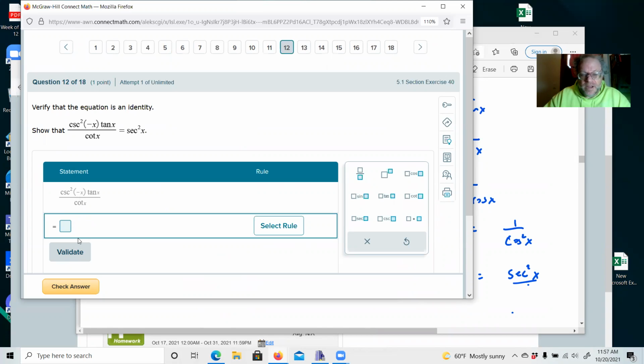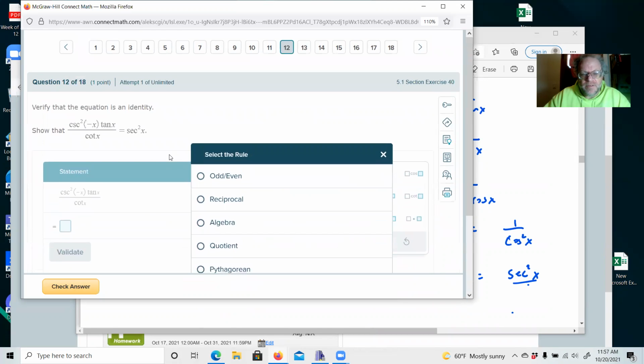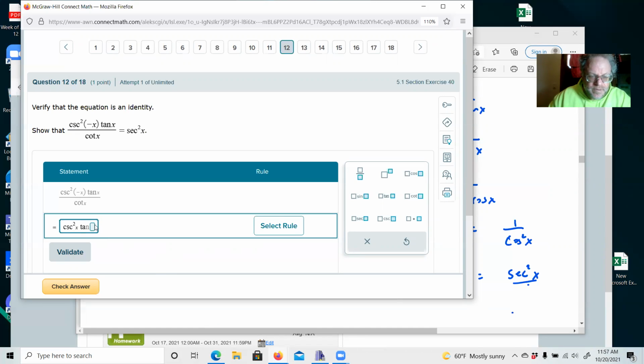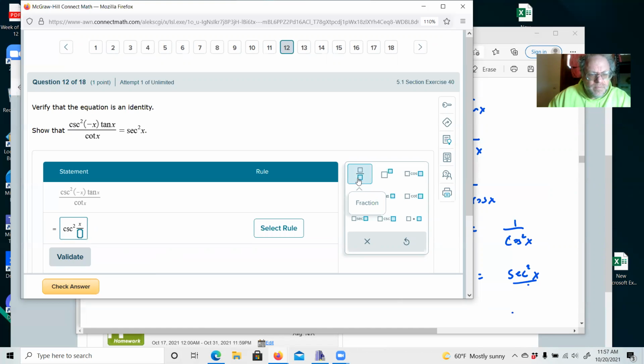So let's see here. What did we do first? Now that I have it, I'm going to see if I can take some shortcuts with it. So we're going to go cosecant squared x, tangent x, over, no. Boy, they are really picky.